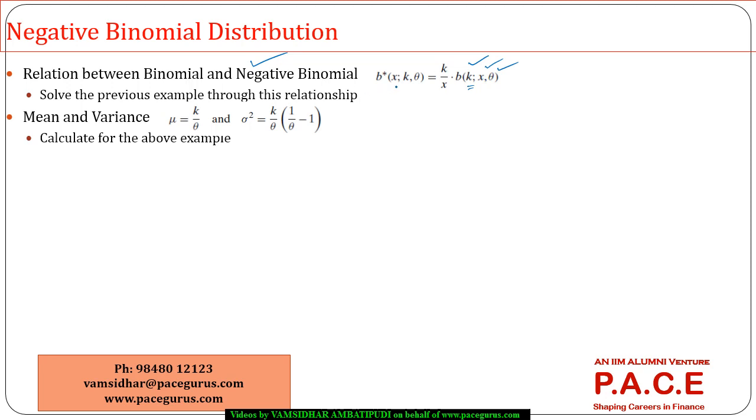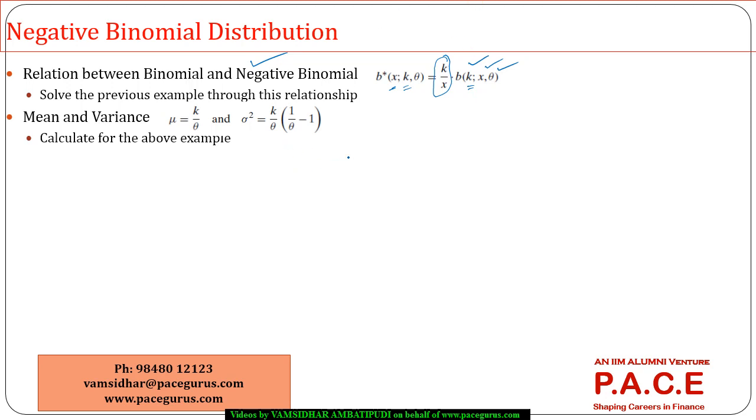Here we are talking about the kth success coming in the xth trial. So these two are linked by k by x times the binomial distribution. The negative binomial distribution values will be equal to k by x times the binomial distribution values itself.